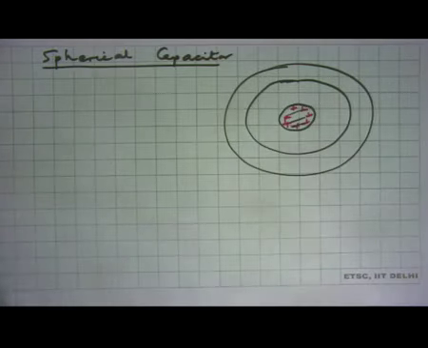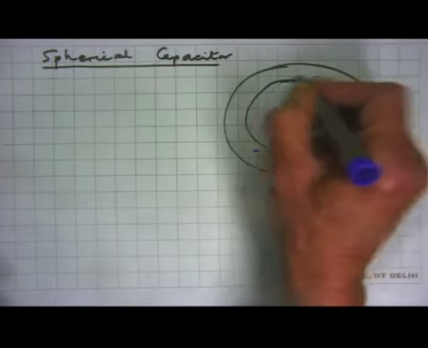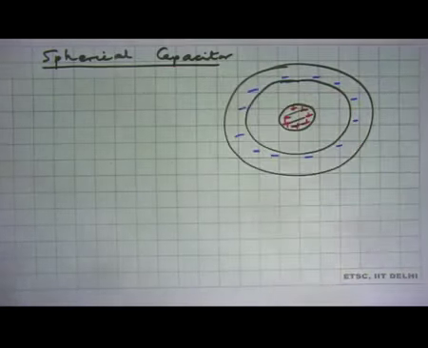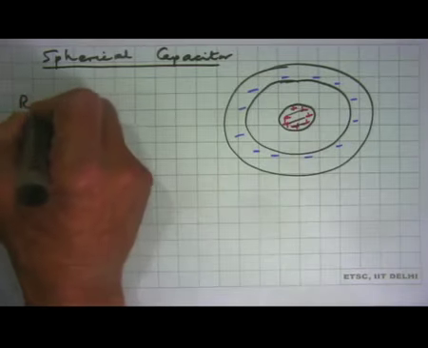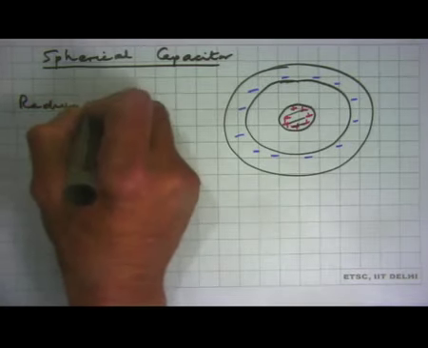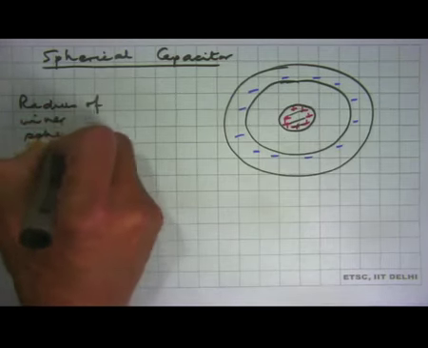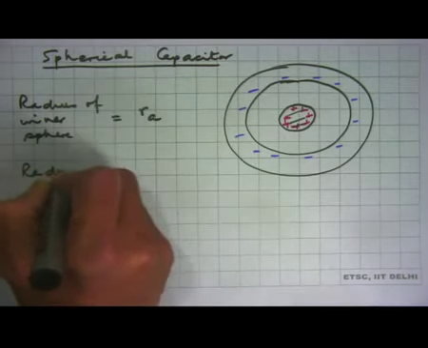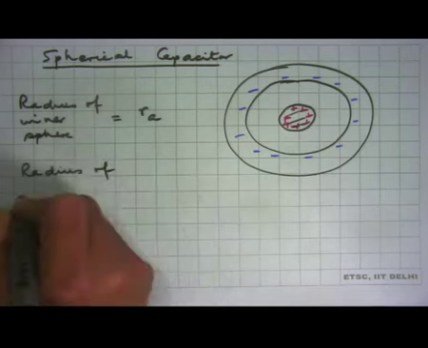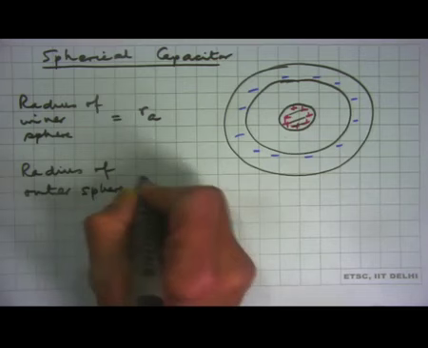The outer sphere is assumed to be charged negatively, and the same charge is put on the inner and outer spherical conductor. Let me assume that the radius of inner sphere is equal to R A, and radius of outer sphere is equal to R B.